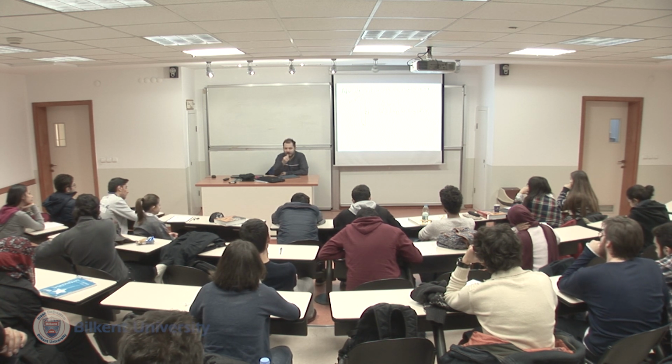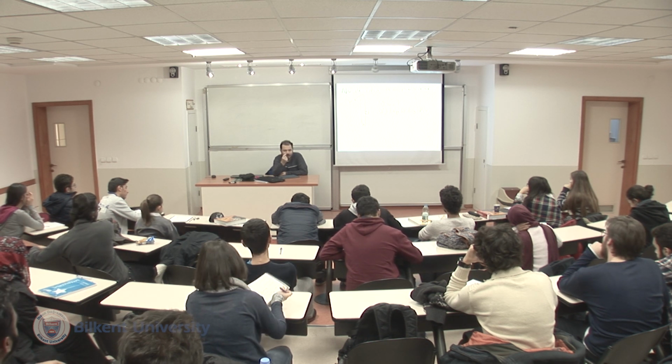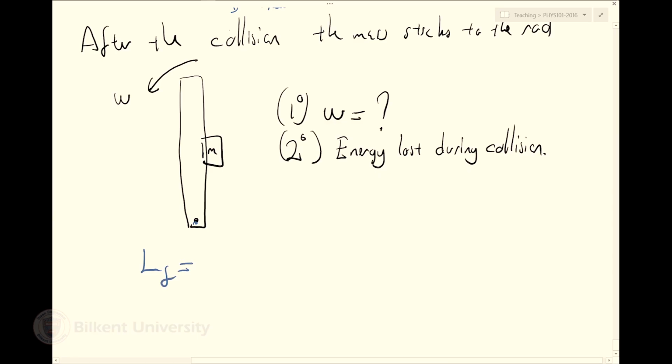My rod is rotating, but also my small mass is rotating, right? So in the final case, what is the contribution coming from the rod? It's going to be I rod times omega, and here I about the edge for a rod was m L squared over 3. You could look this up or remember it.